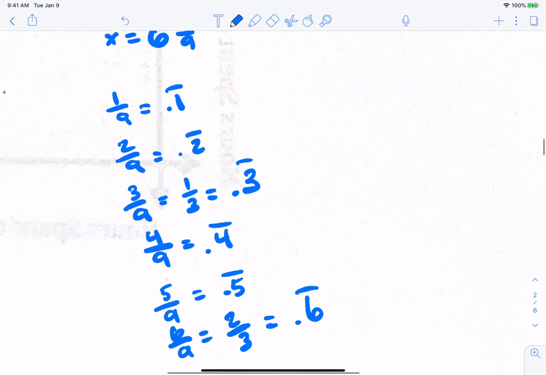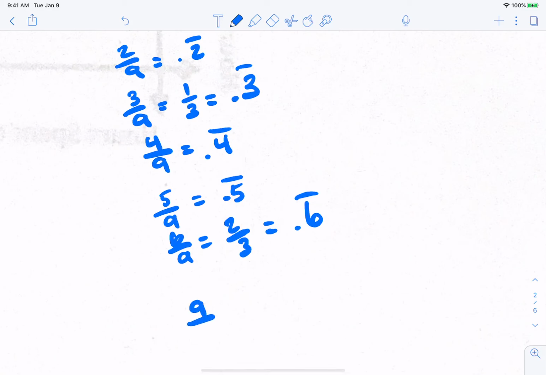Do I need to keep going? What is 9/9? 1. I was waiting for somebody to say 0.9 repeating. It is 1. That's the only exception to the rule.